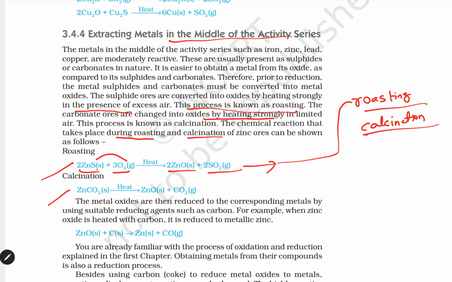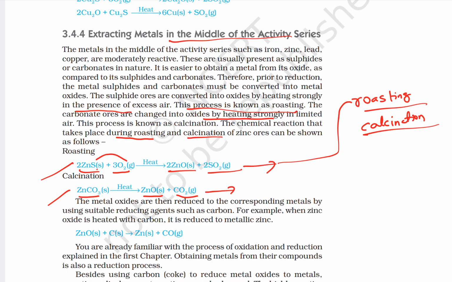Similarly in calcination, we take zinc carbonate and heat it in the presence of air. Then zinc oxide is formed in solid form and carbon dioxide gas is released. In roasting, sulfur dioxide is released; in calcination, carbon dioxide is released.